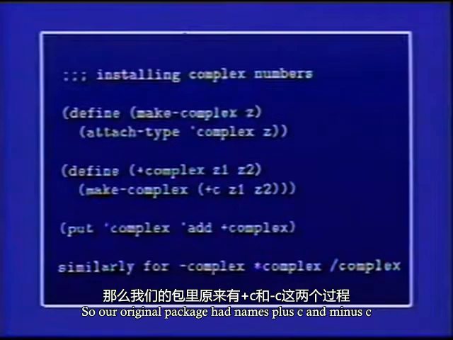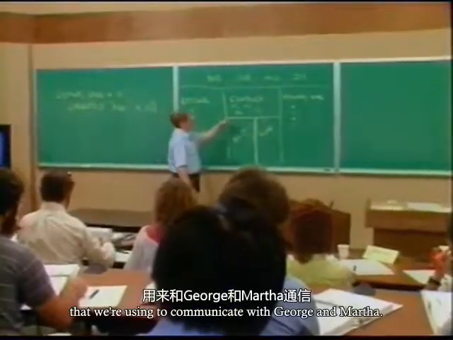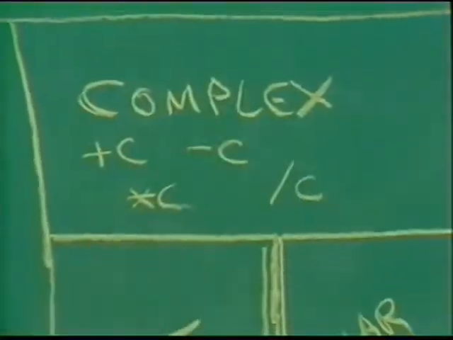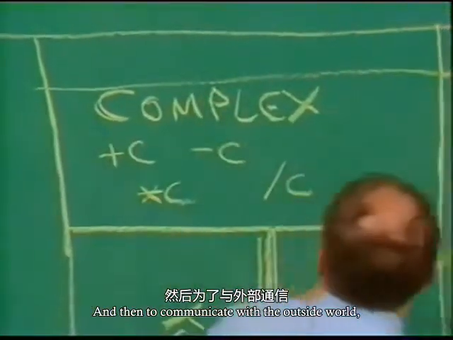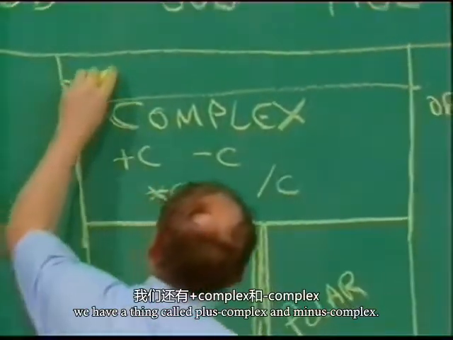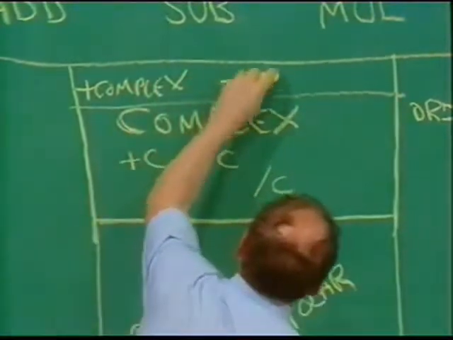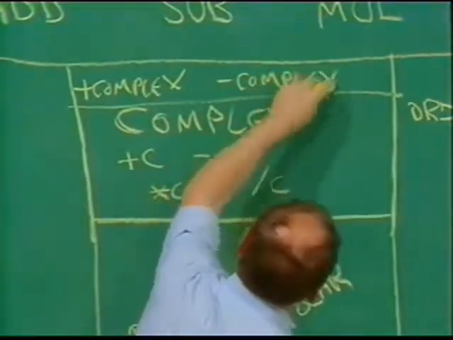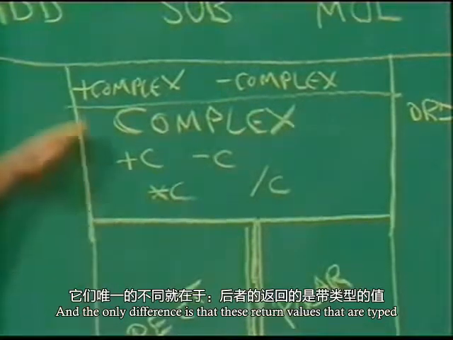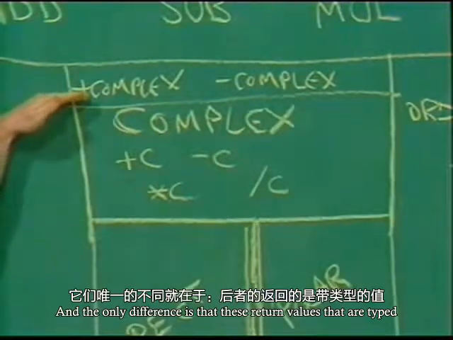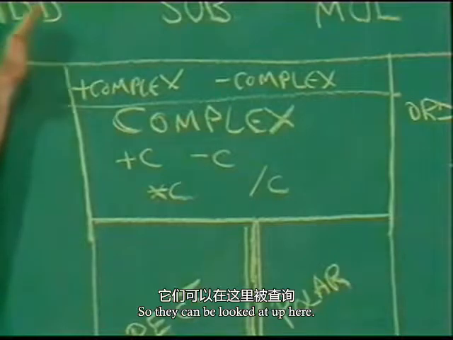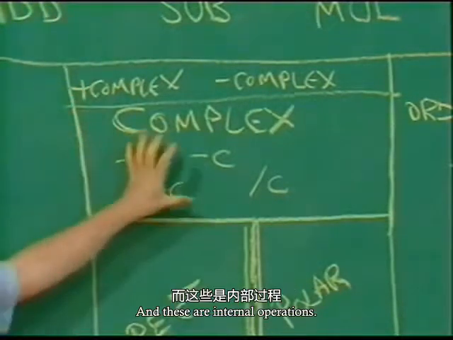So our original package had names plus C and minus C that we're using to communicate with George and Martha, and then to communicate with the outside world we have plus complex and minus complex, and so on. The only difference is that these return values that are typed, so they can be looked at up here. And these are our internal operations.